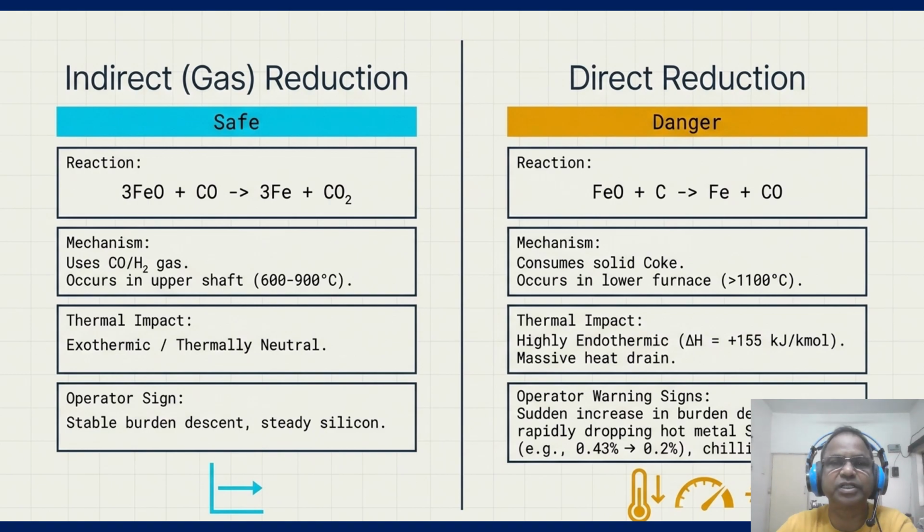If you see the bottom descent speed increase while hot metal silicon drops rapidly, for example from 0.243 to 0.2%, you are losing the battle to direct reduction. You are consuming expensive solid coke to do a job that gas should have done higher up. To prevent this heat drain, we have to precisely control the flame temperature at the tuyere.